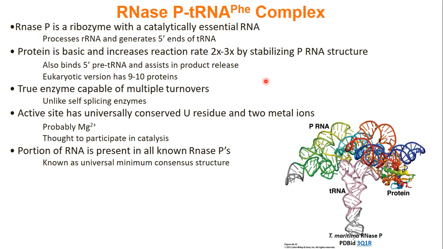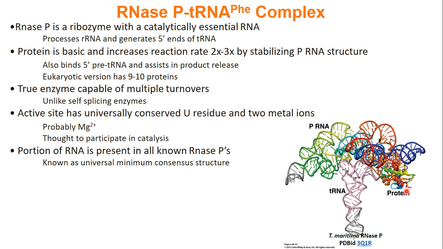Now let's look at one of the ribozymes that is responsible for this, and that's RNase P. So RNase P is a ribozyme whose catalytic function is carried out by the RNA, not by the protein, but the RNA carries out the actual chemistry. What RNase P does is that it'll process our RNAs and also modify the 5' ends of tRNA.